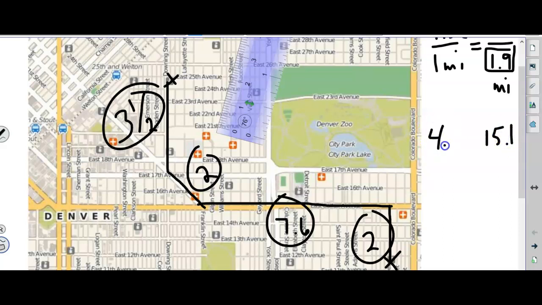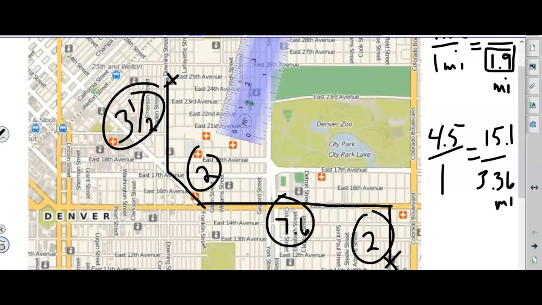So I'm going to use 4.5 centimeters equals 1 mile equals 15.1 over what? So 15.1 divided by 4.5 equals about 3.36 miles to work.